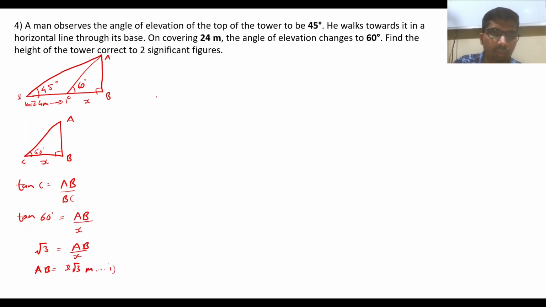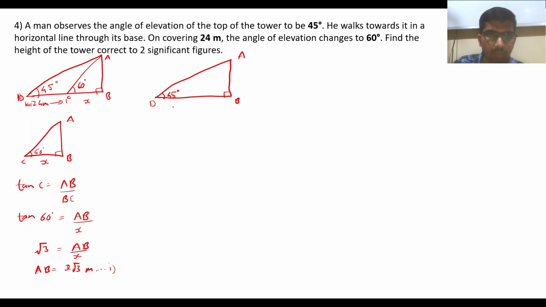Now take the bigger triangle, draw big, and the base will now increase to 24 plus x. This is 45 degrees now. So it will be ABD. This is point D. D has come a bit closer, setting it properly now. A, B, and D, and this is the 90 degrees.